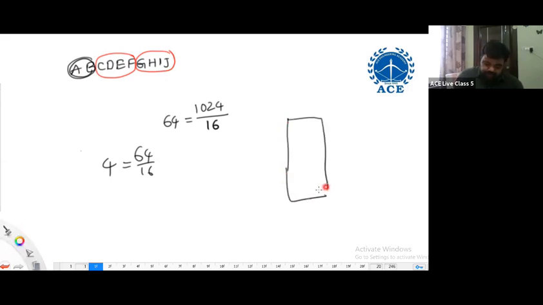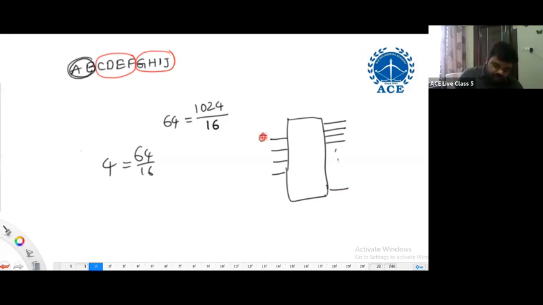Let us see. Here we have 4 inputs and 16 outputs. But we need to use only 4 outputs.